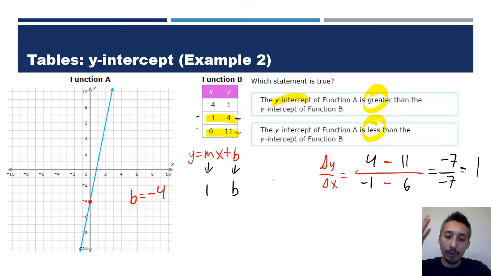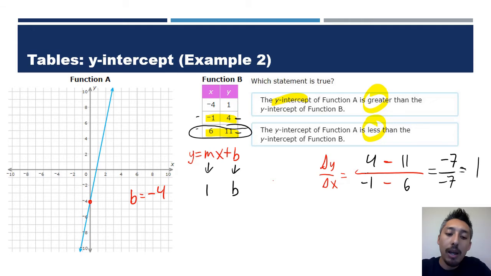So we're actually going to fill in the rest of this equation with one of the points from the table. Because I want to focus on positives, it's just easier for me. Let's focus on the 6 and 11. I'm going to use this point to plug into this equation and solve for b, figure out what the y-intercept is.